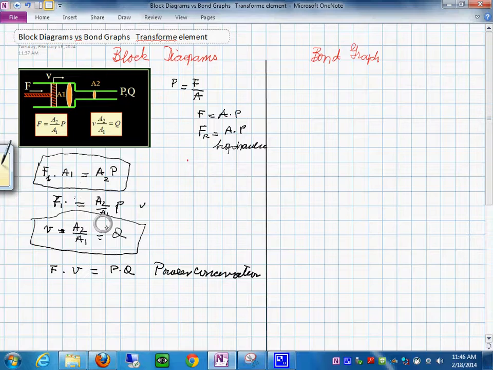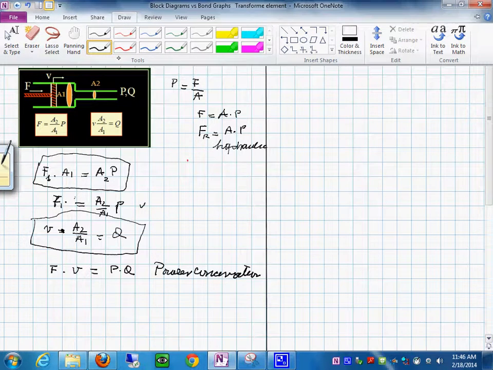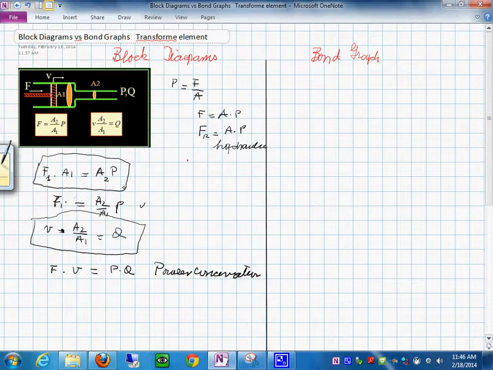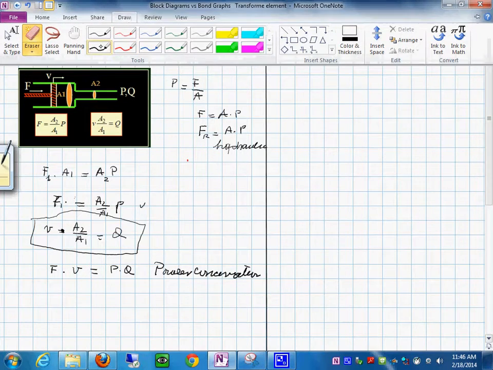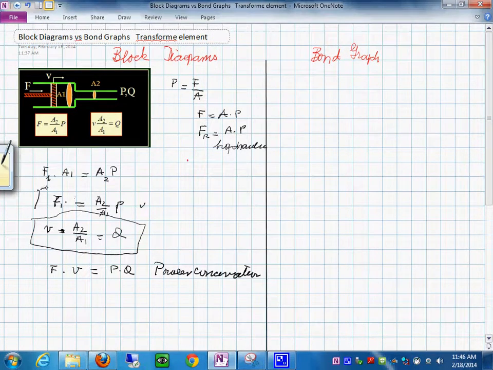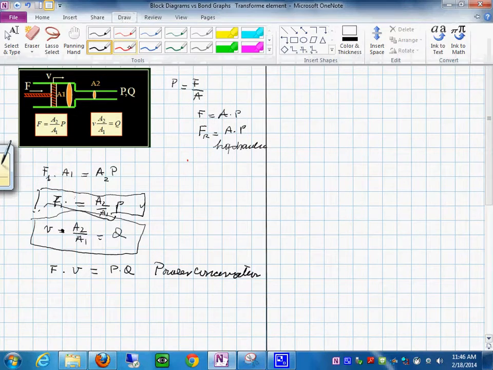Sorry, I highlighted the wrong one. Let's get rid of this, and I will draw the other one over here. So how do you write the block diagram of this? We need to say which is the input and which is the output.